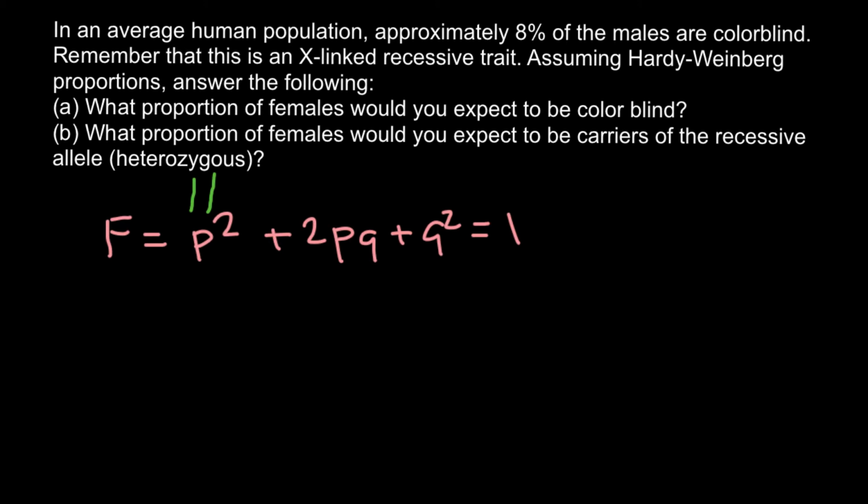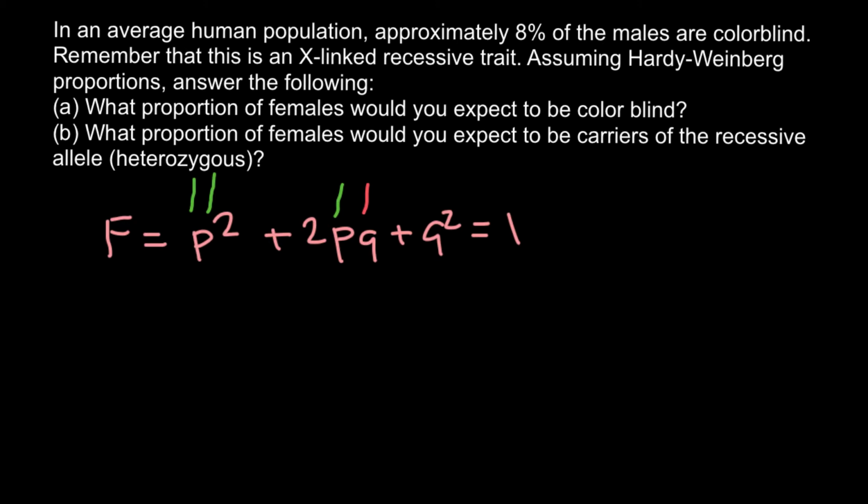2pq stands for the heterozygous genotype. Also, p stands for the normal allele or X chromosome, and q stands for the defective X chromosome, in other words, the X chromosome with a defective allele on it.